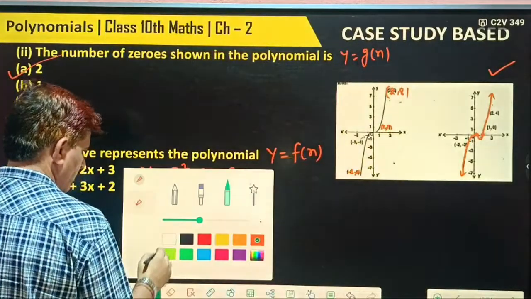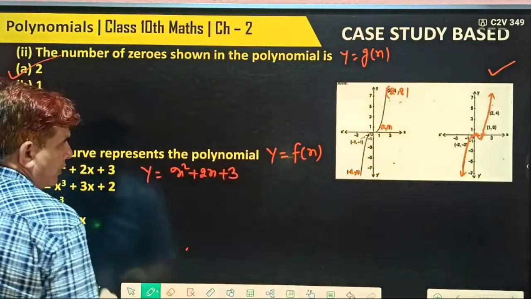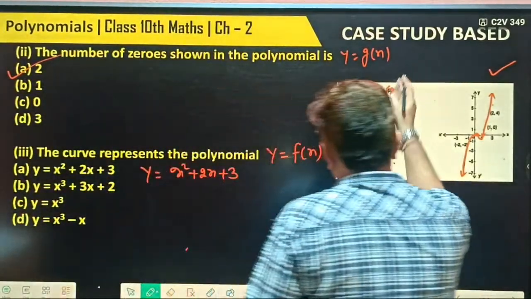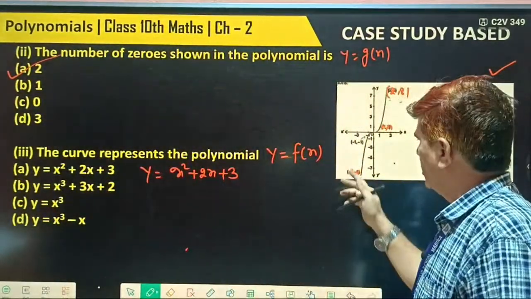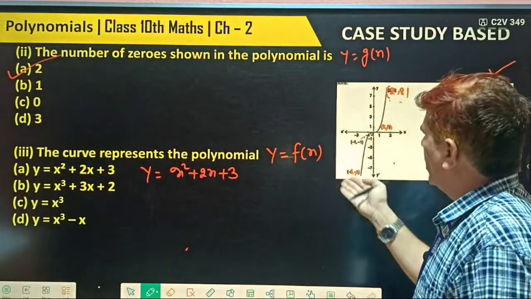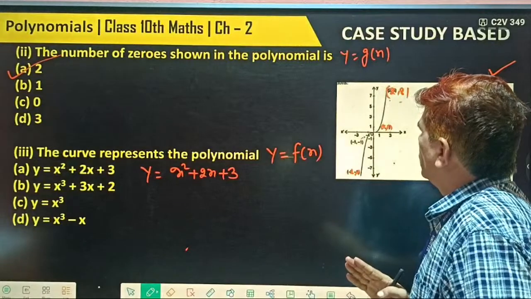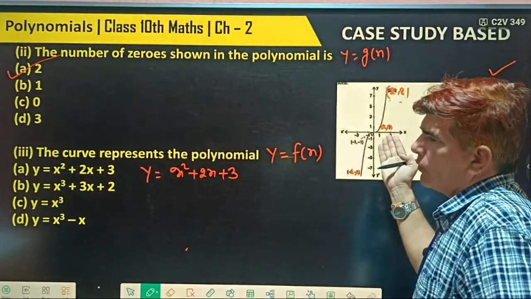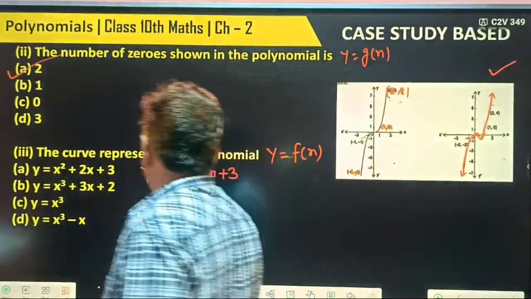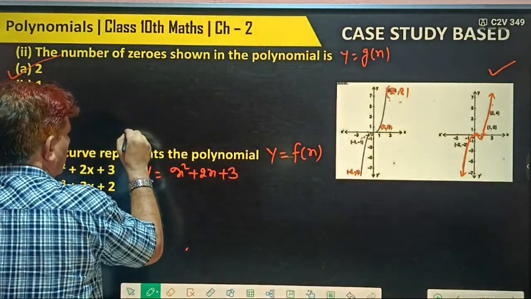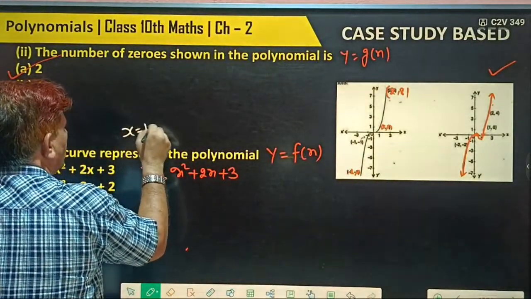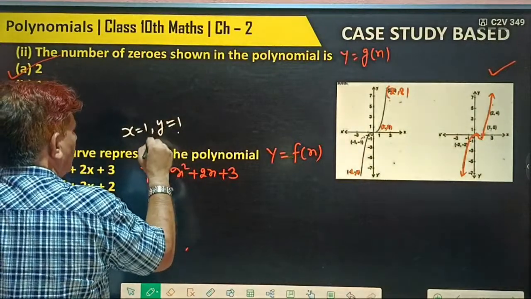First one we have taken. What points do we take? These (1, 1). Which one is easy from these? You can take any other, but I am taking (1, 1), the easy one. So x equal to 1 and y equal to 1.